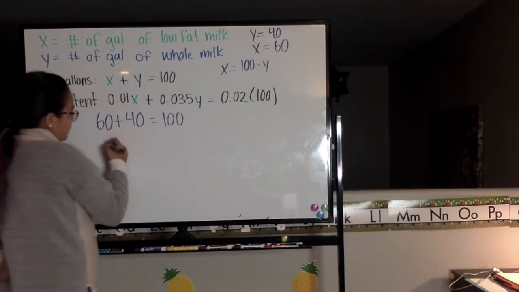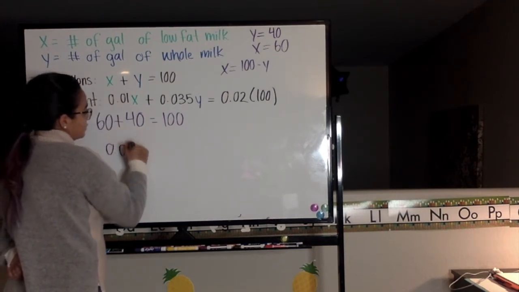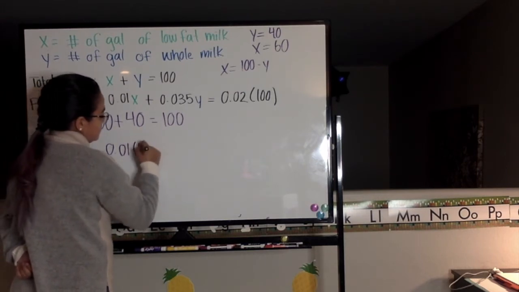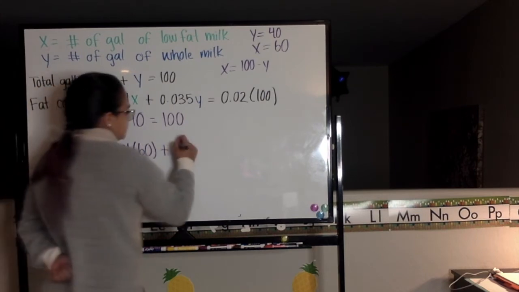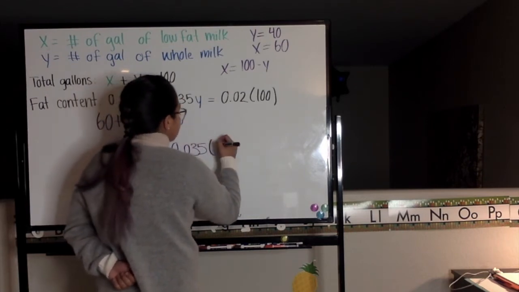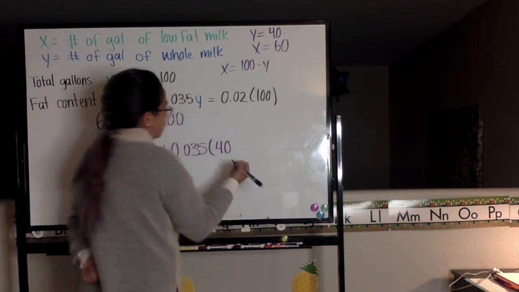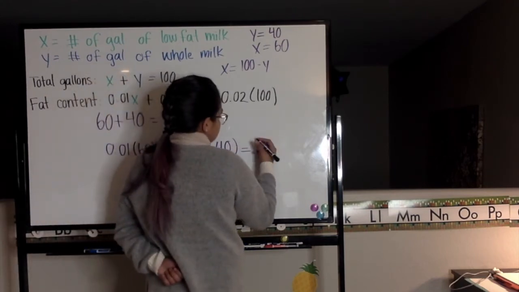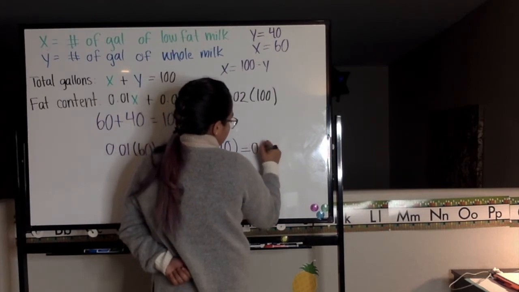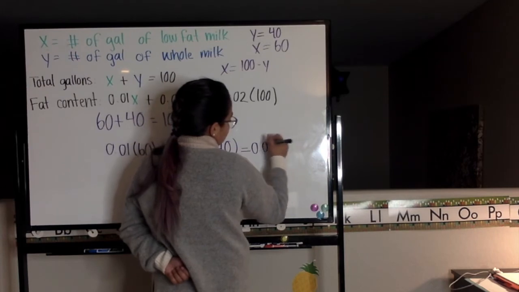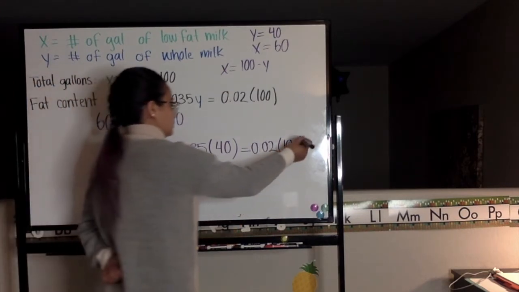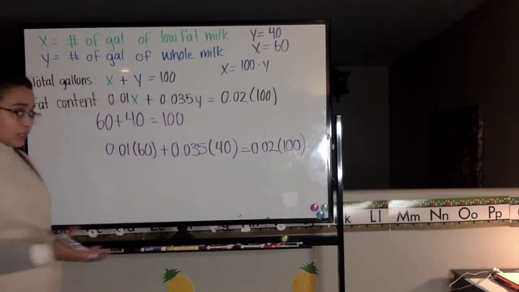Now, if we mix 0.01 times the value of X, which is 60, plus 0.035 times the value of Y, which is 40, it should give us the value of 0.02 times 100. Now let's work it out.